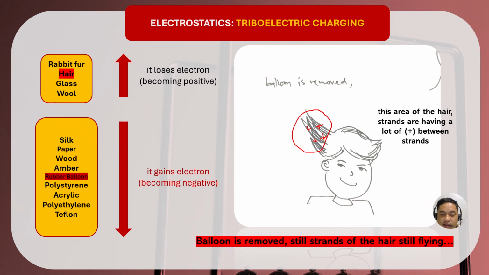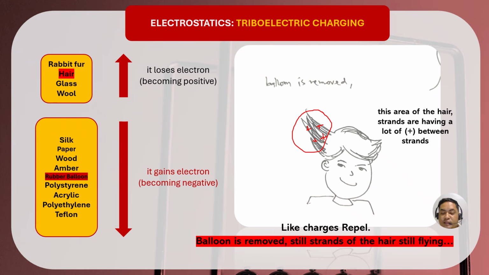So that's why for a couple of seconds your hair remains flying away, not touching each other, because the positive charges there are repelling. There's a repulsive force in them because they're like charges. Like charges repel according to electrostatic law.